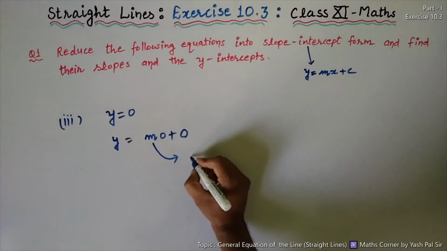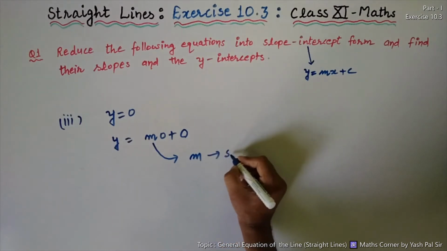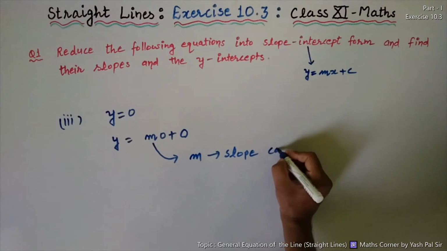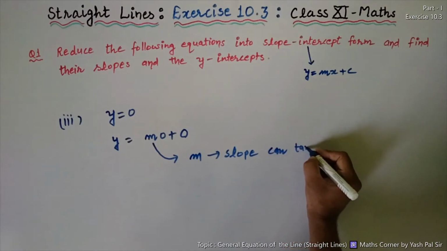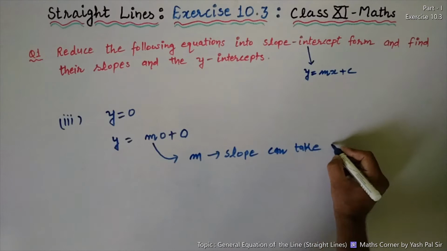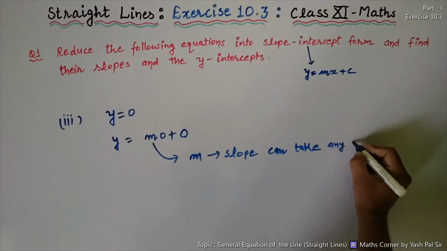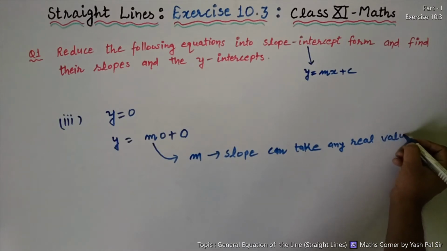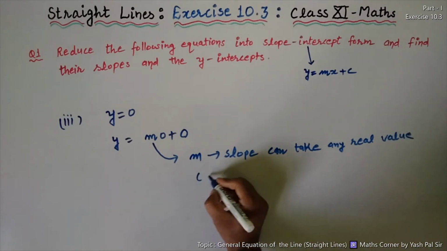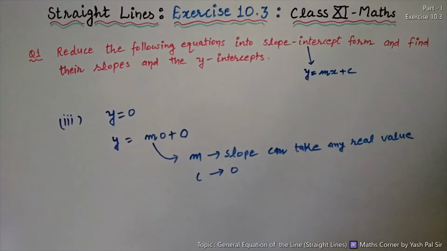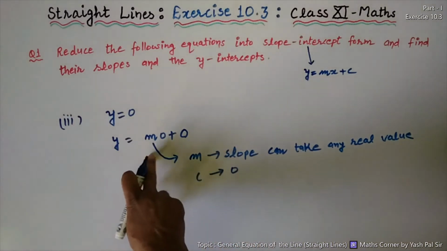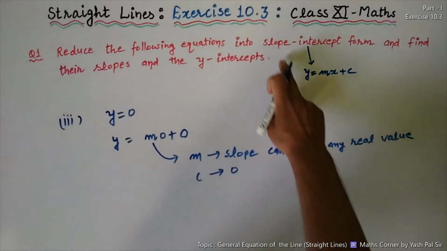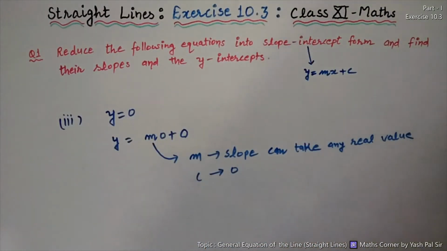M, slope, can take any real value, but c is only 0. Okay, this way we have converted the given equation into slope intercept form.